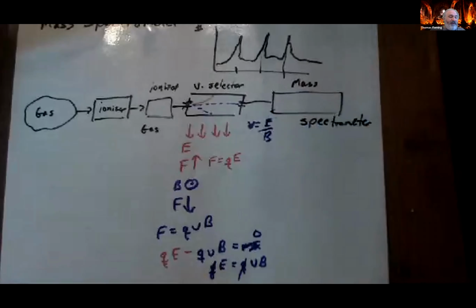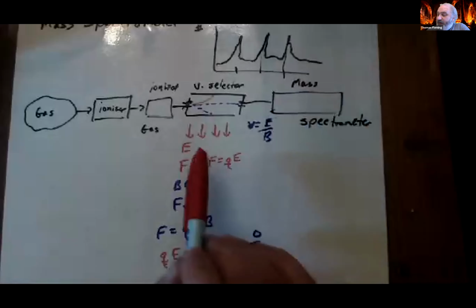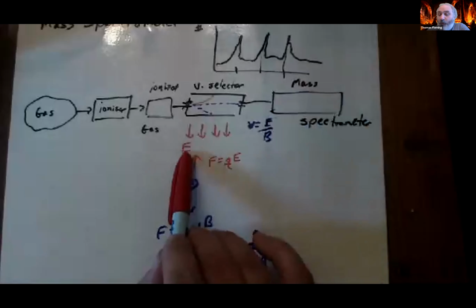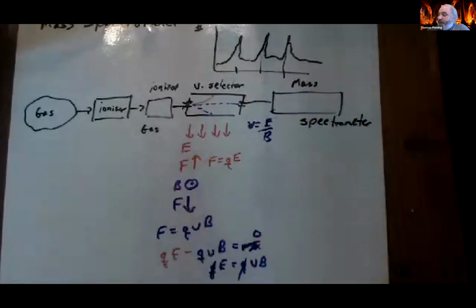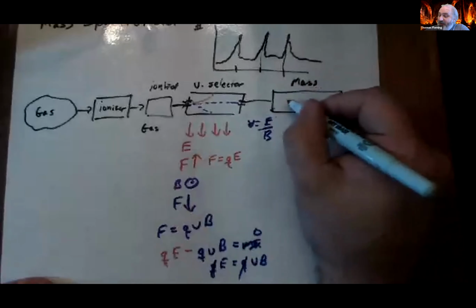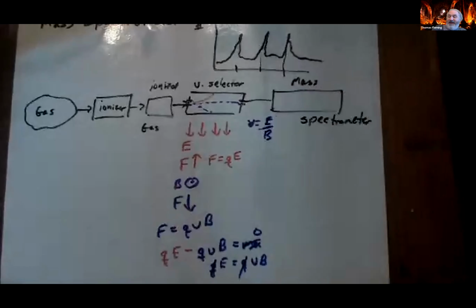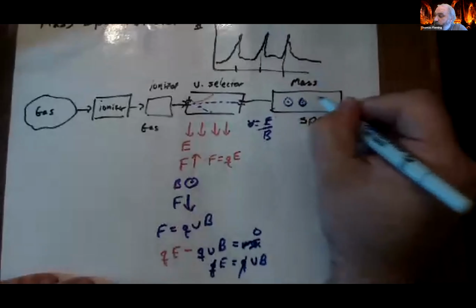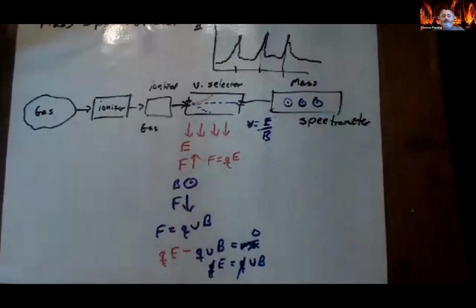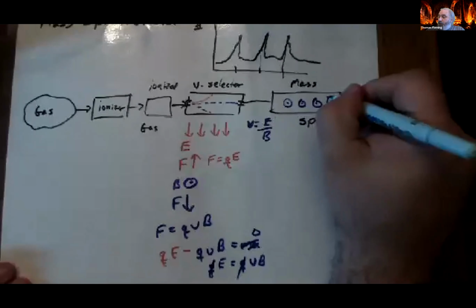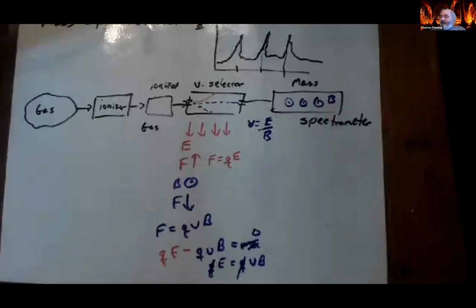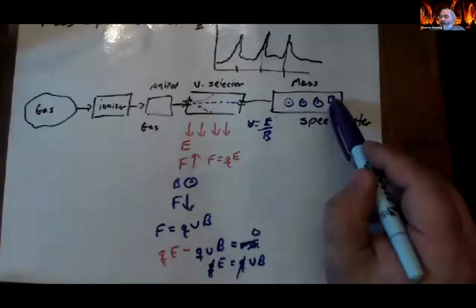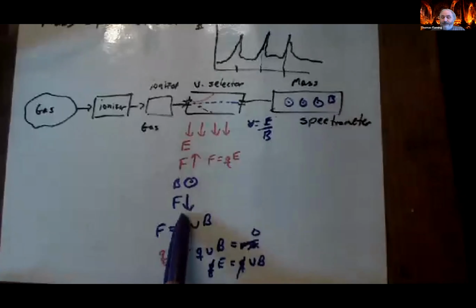Now, what's going to happen inside that spectrometer is I'm not going to have an electric field. I'm only going to have a magnetic field. So inside there, I'm going to have the same magnetic field that we had inside the velocity selector. But that means that all these particles are going to feel a force downward.